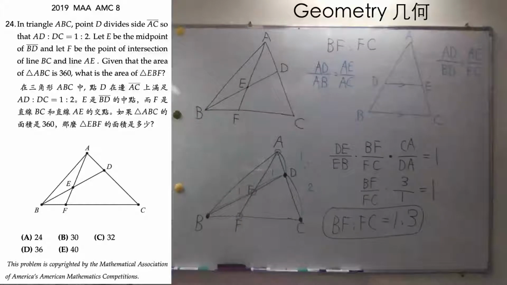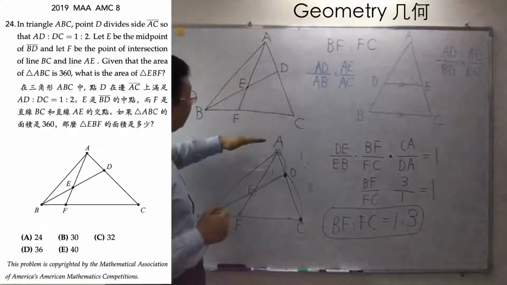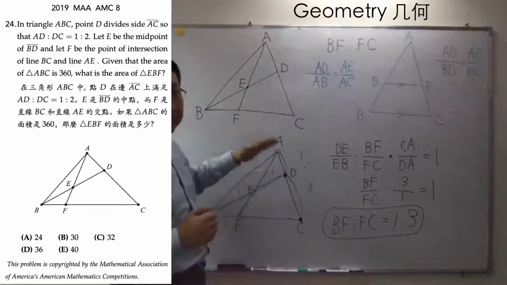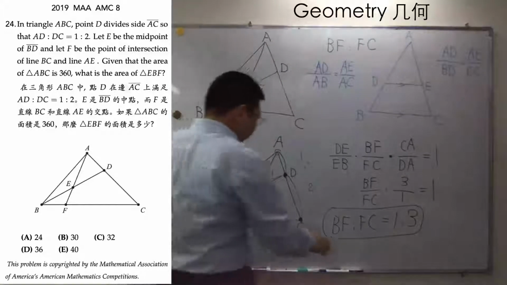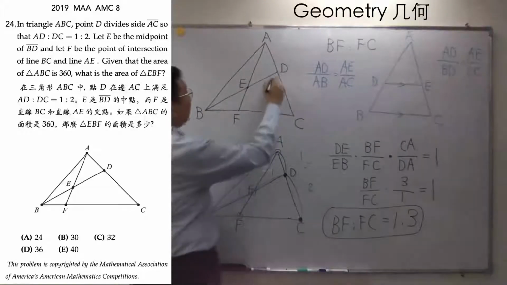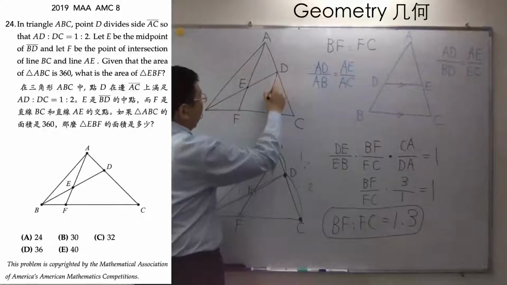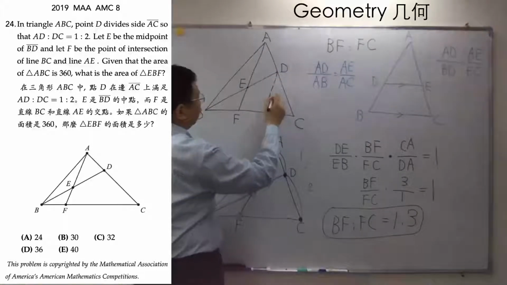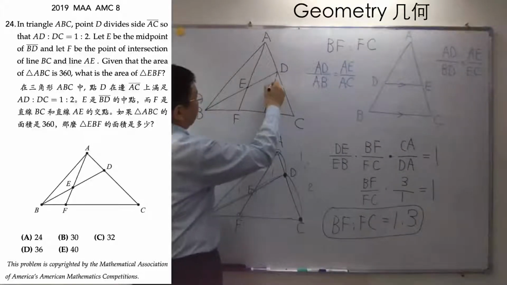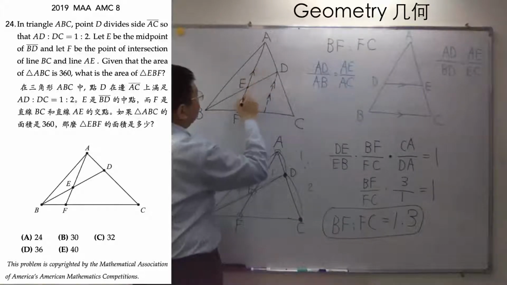So now here, in order to make this ratio come down, what shall we do? We need parallel lines. So that's why a typical auxiliary line in this type of geometry problem is to draw a line parallel to AF from D. So these two lines are parallel.